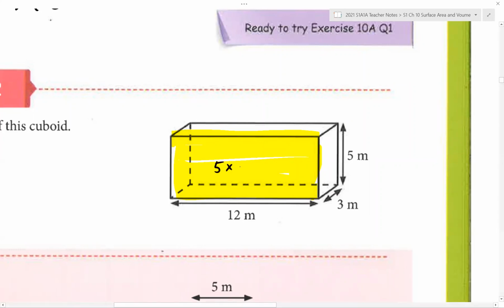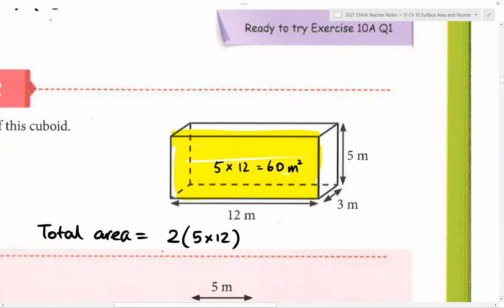So 5 times 12 is 60 square meters. This is the rectangle in front. Is it the same rectangle at the back? Yes, right. So our working will be like this. Total area is 2 times 5 times 12 because there are 2 of them. So we know that that is 60 already.